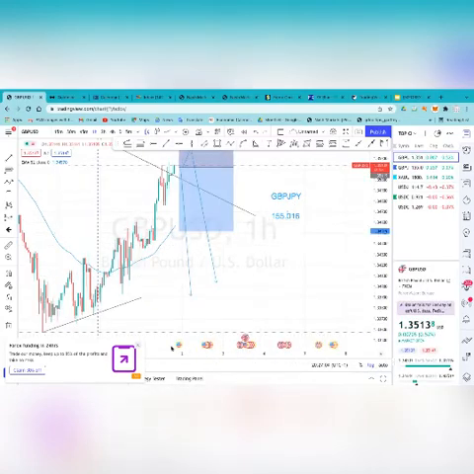Okay, so the current price for GBP USD is 1.35135. Okay, so now comparing these two, we can see that the decimal point is behind the 3 digits here.